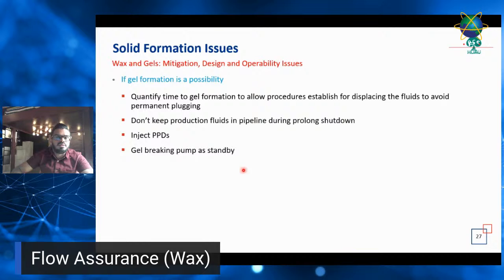That's the reason why in the lab we need to have the gel strength measured as well, because from the gel strength we can determine the gel breaking pressure of your crude, and your pump will be designed according to the gel breaking pressure.